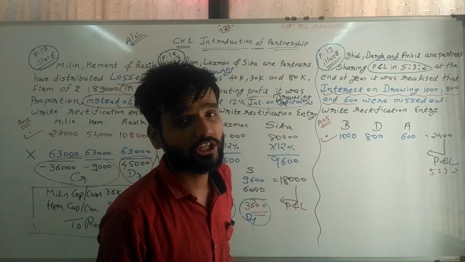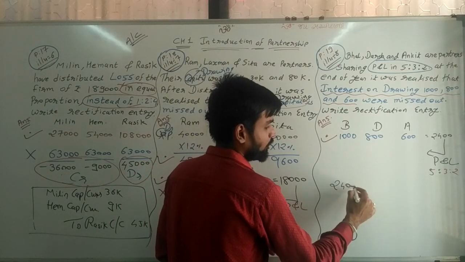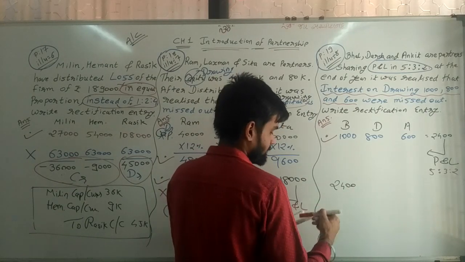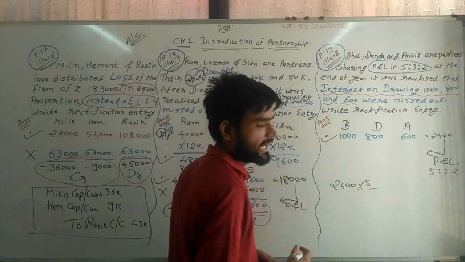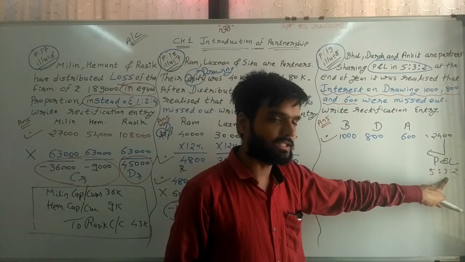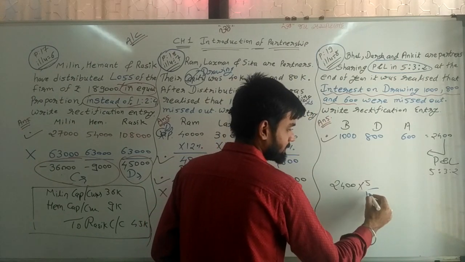Now again calculation is required. We need to distribute 2400: 2400 into 5, divided by the total. The total of 5 plus 3 is 8, 8 plus 2 is 10, so divide by 10.